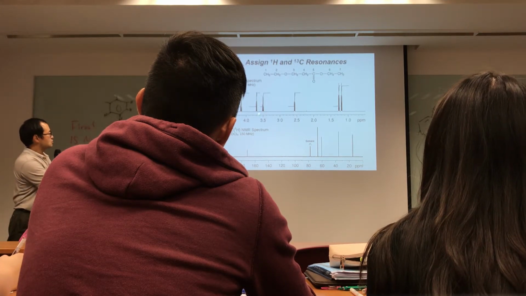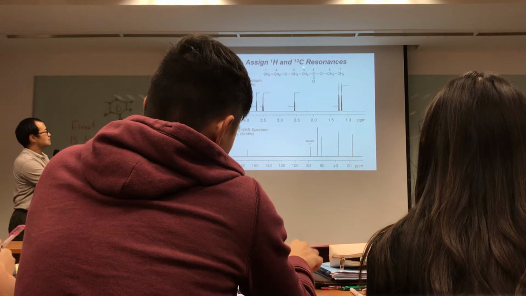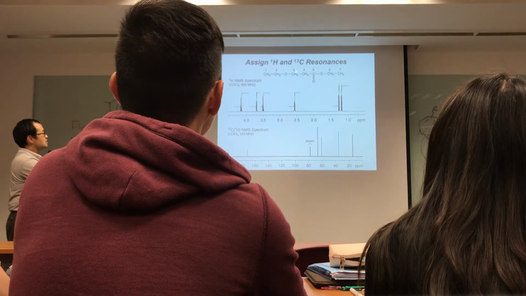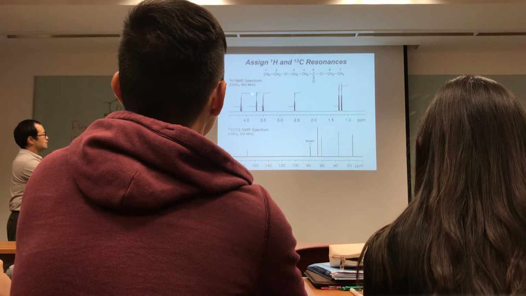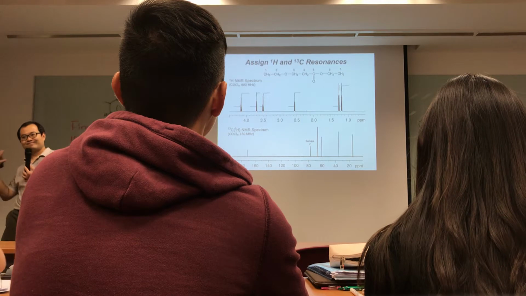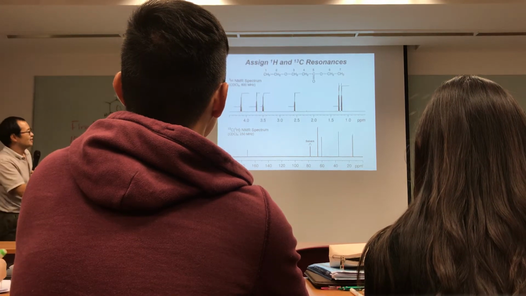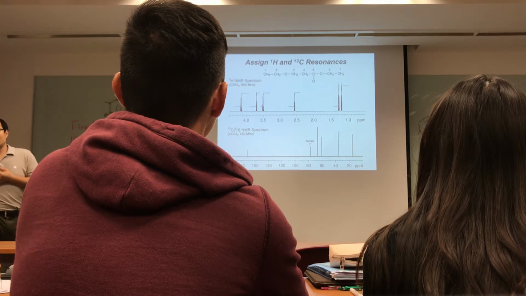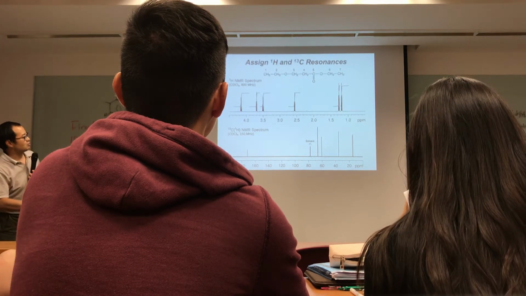Then this is one triplet, this is another triplet. By analysis, we know this CH2 next to oxygen is this. This one next to carbonyl is this. You know, we don't need 2D anymore. We can presumably assign all of this. But if I ask you, okay, we go to the next slide.